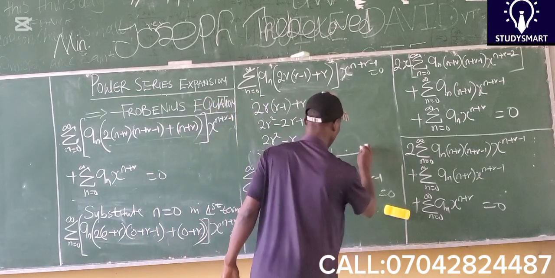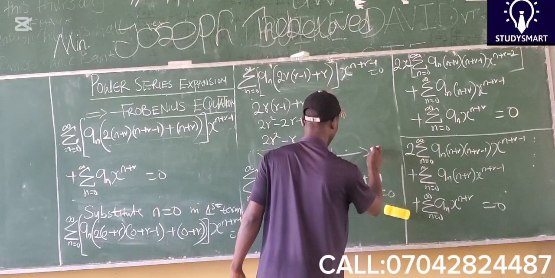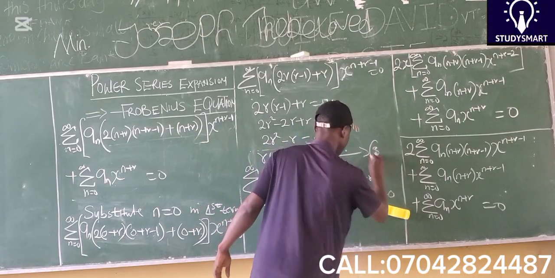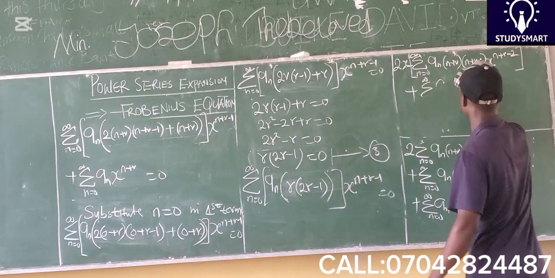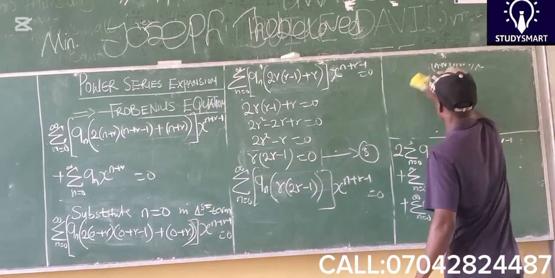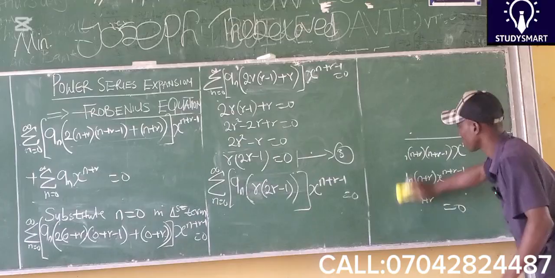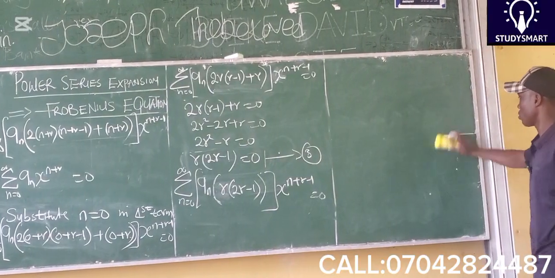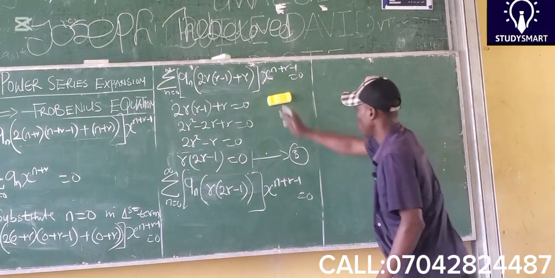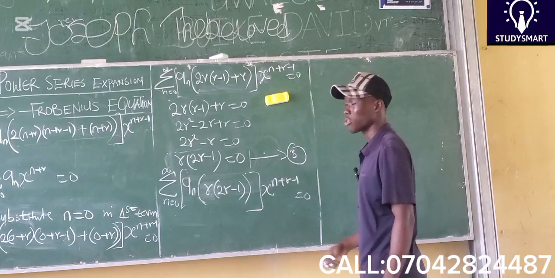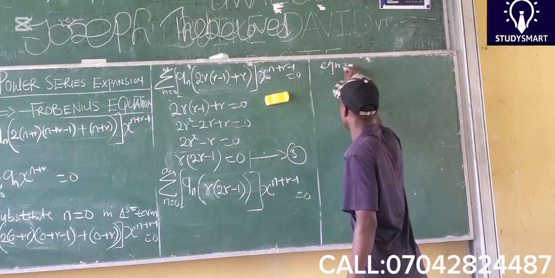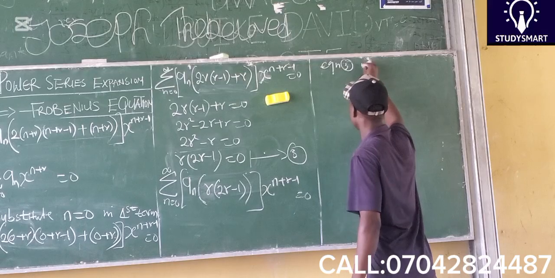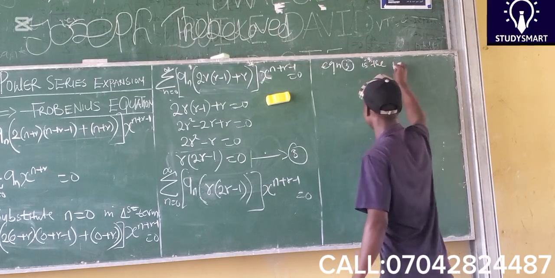So I can call this one equation 3. Let me use equation 3 there. So that is equation 3, which now becomes my initial equation.